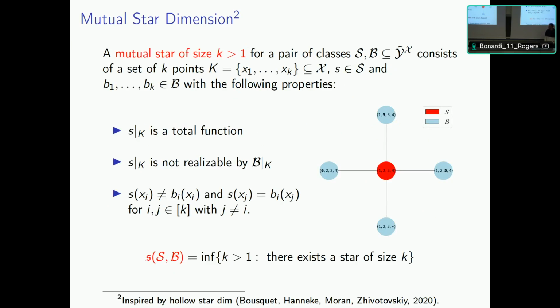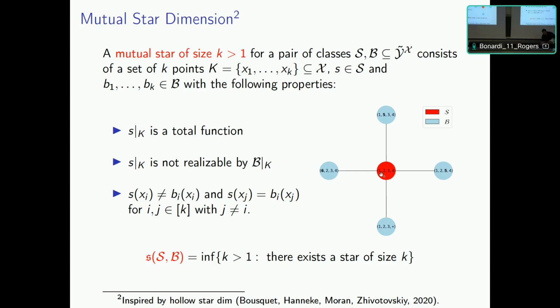A mutual star of size k, I'll explain it on the figure here. So we have a source function that is not realizable by the benchmark class, but if you change the label at any single point, it is. So for example here, this labeling 1, 2, 3, 4 that comes from the source class is not realizable by the benchmark class.